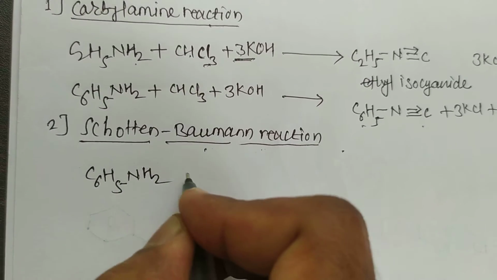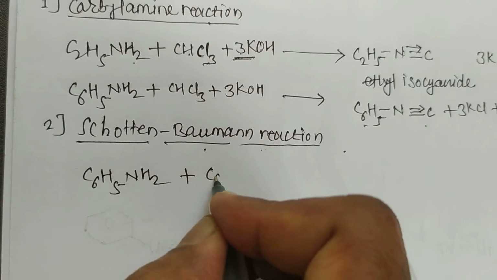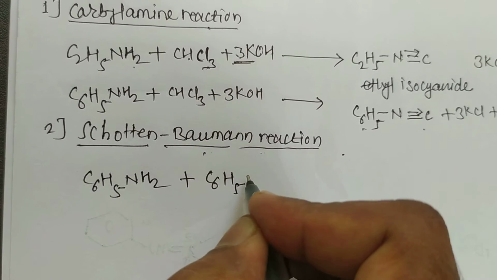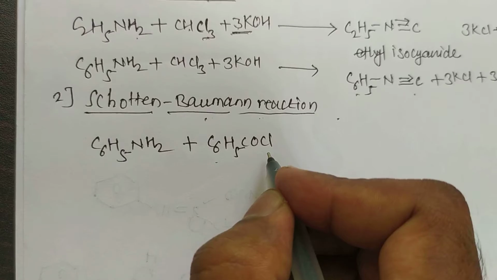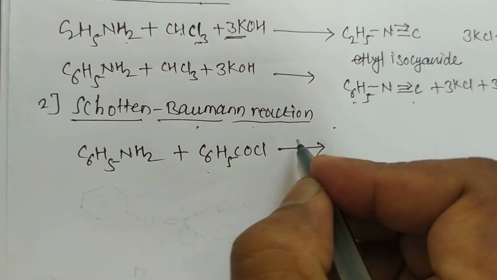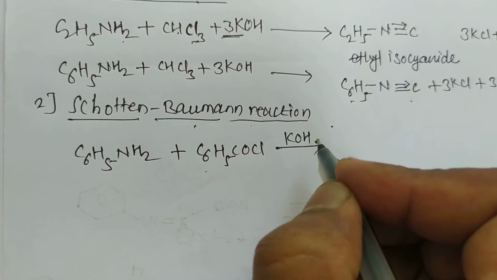Suppose we use C6H5NH2, that means aniline, when reacted with C6H5COCl, an aromatic acid chloride, and KOH solution.